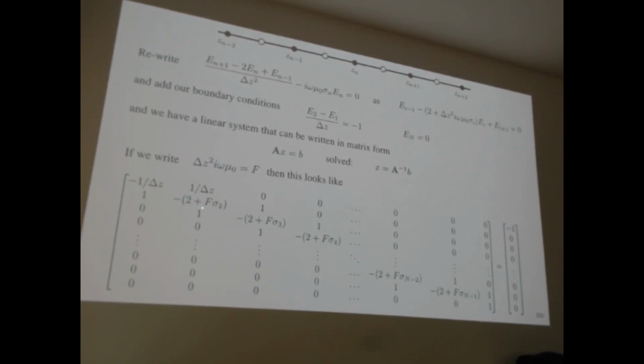And then all these other terms are just this term equals 0, all the way down until the bottom term is our bottom boundary condition, where the bottom electric field is just equal to 0. Right? So I've taken my partial differential equation, I've approximated the derivatives with finite differences, and I've populated all of this in one equation, one matrix, which I can just invert.